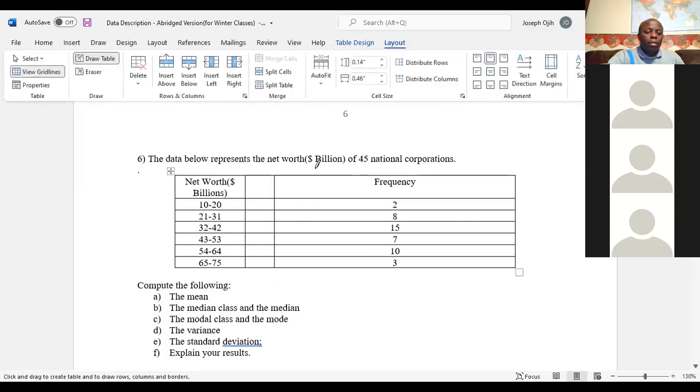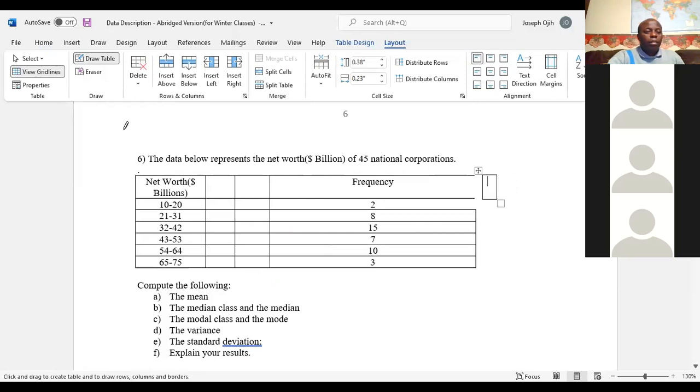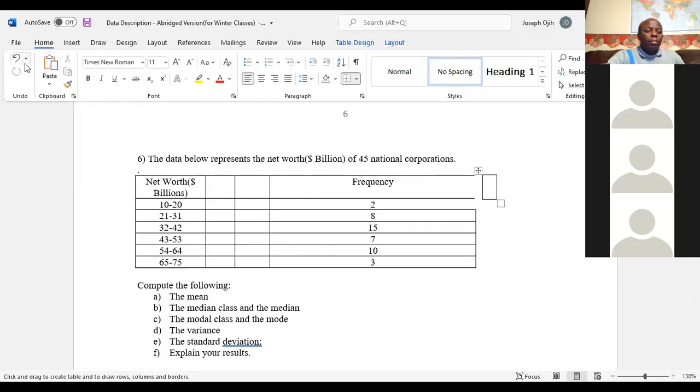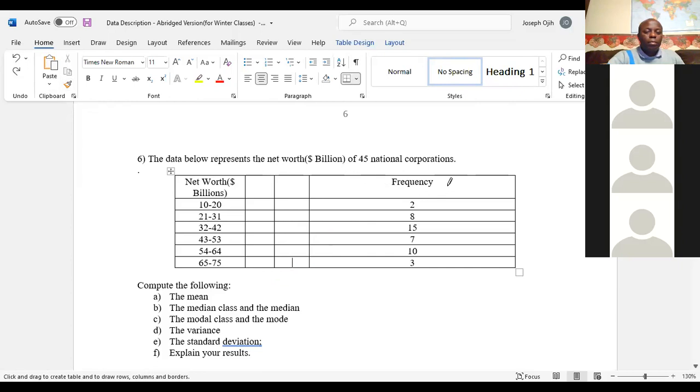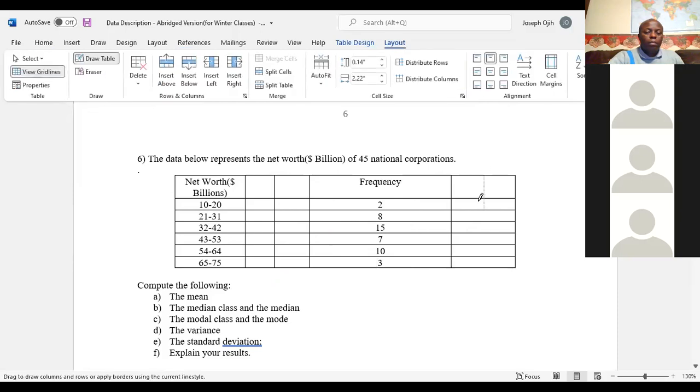Good. Got this first line. Got the second line. Oh, I'm doing it at the wrong place. Let me do it at the right place. So they gave us the frequency already. So I'm gonna draw more here and close more the other ones.